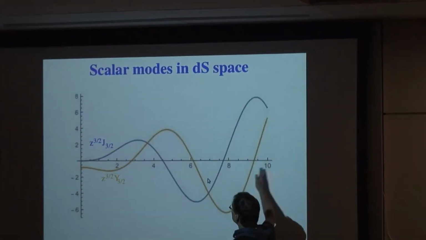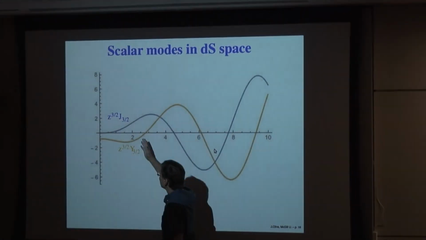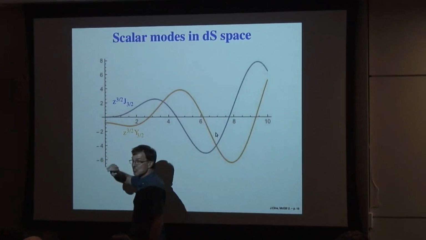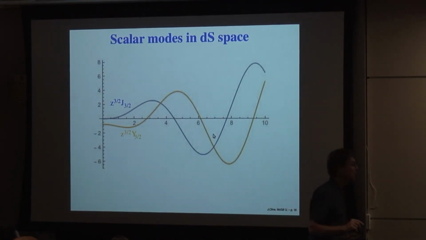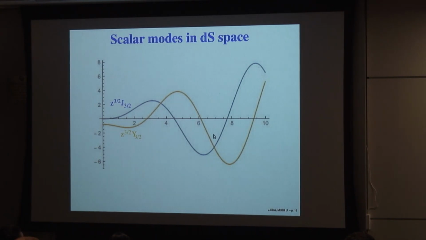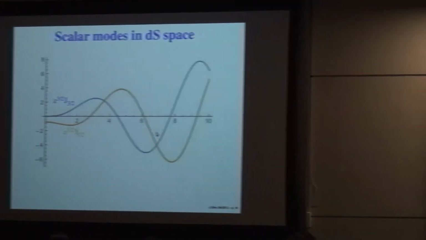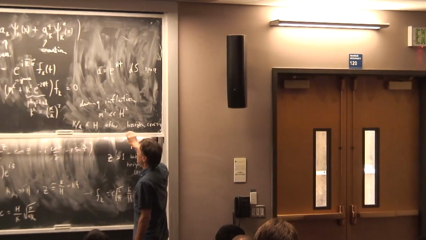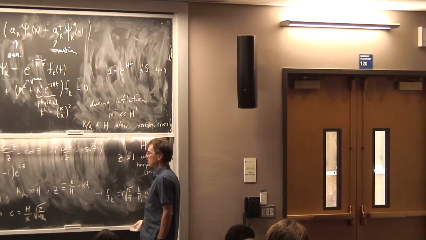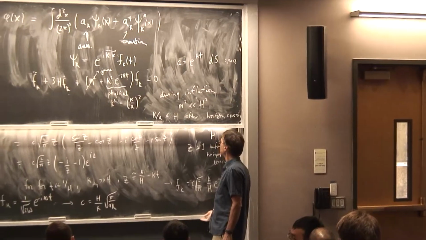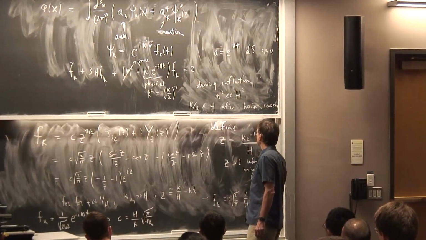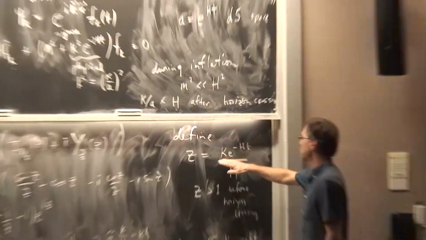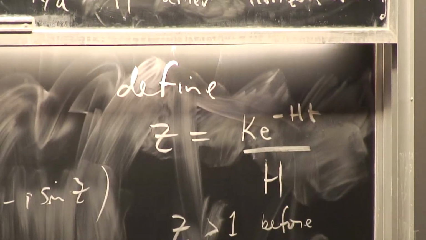They're oscillating at large z, and they're going to a constant as z goes to 0. So where is z defined? Oh yeah. So at large time, z is going to 0, that's all.